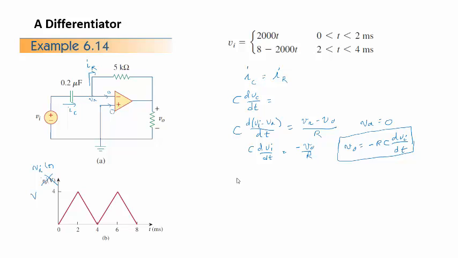It's sort of convenient to calculate R times C. Keep your units pure, pure ohms, pure farads, and you get R is 5,000 ohms times C is 0.2 microfarads, which is 0.2 times 10 to the minus 6 farads.